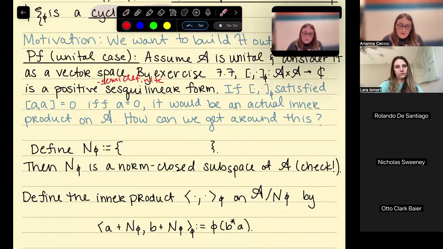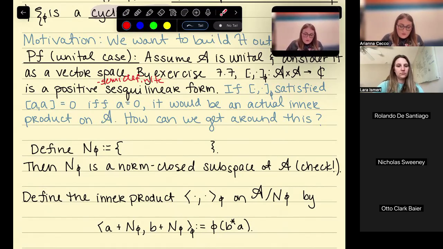If it was just positive definite, that is, whenever I plug A into both components and it's equal to 0, this is true if and only if A equals 0, this sesquilinear form would be an actual inner product on A.